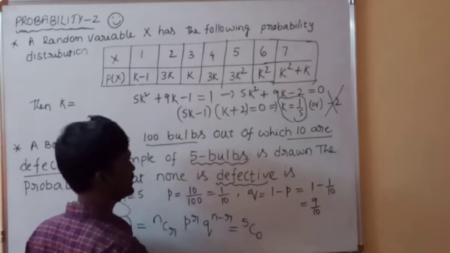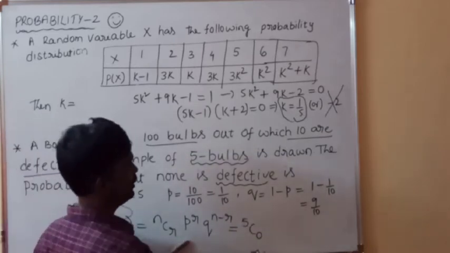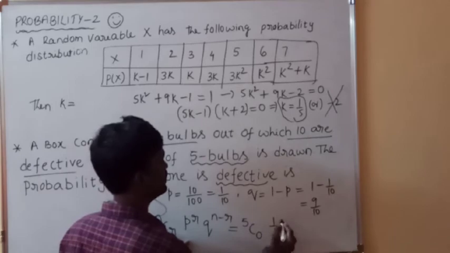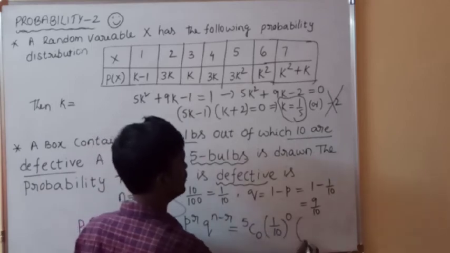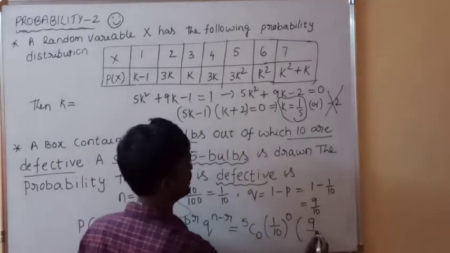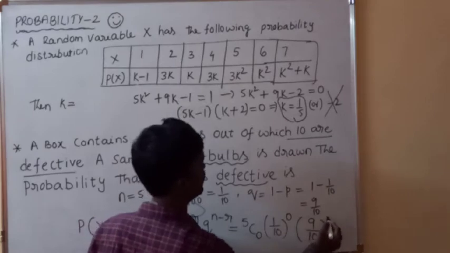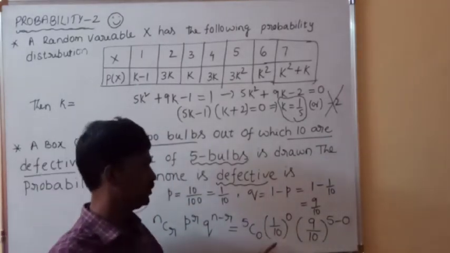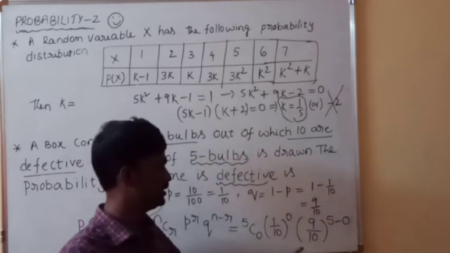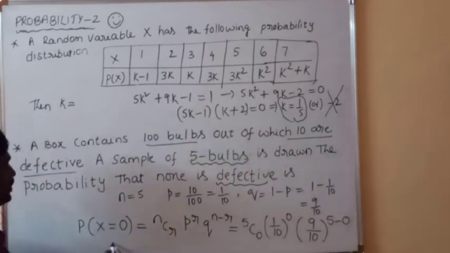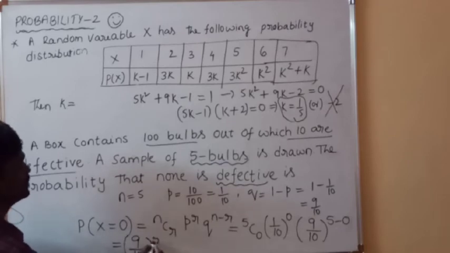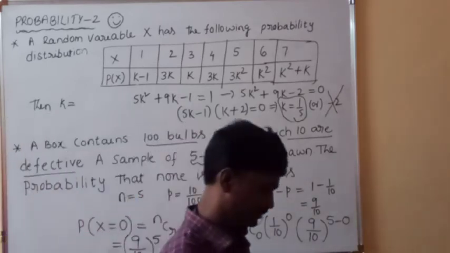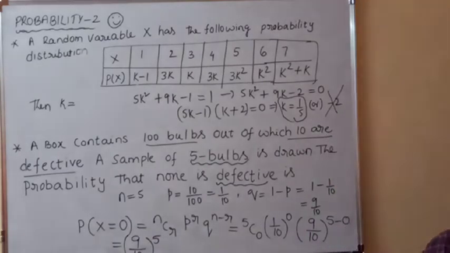C, r value 0. p power r, that is (1/10) power 0, into q power n minus r, that is (9/10) power 5 minus 0. So 5C0 value is 1, (1/10) power 0 value is also 1. Then what is left? (9/10) power 5 minus 0, that is 5. So the required probability is (9/10) power 5.